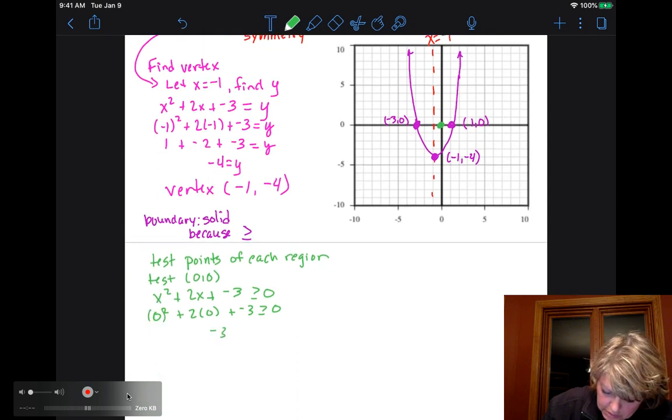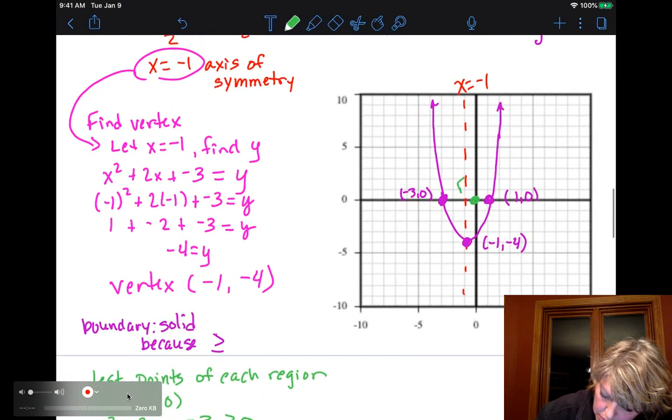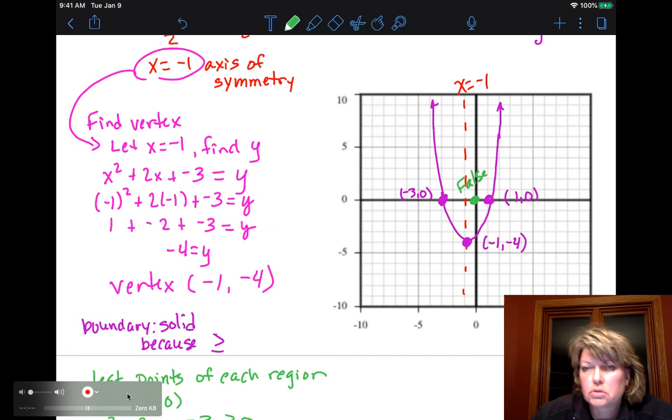We're going to get -3 is greater than or equal to 0, which is, whoops, that is not true. That is false. So if I come back over to my graph, this is false. Does not work. I am not going to color inside the parabola. So more than likely, I'm going to be coloring outside here.